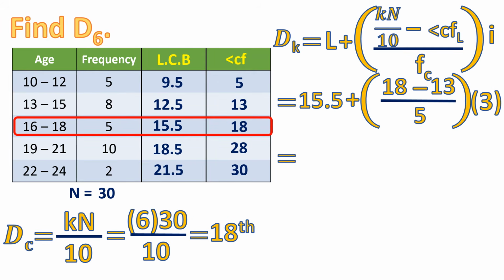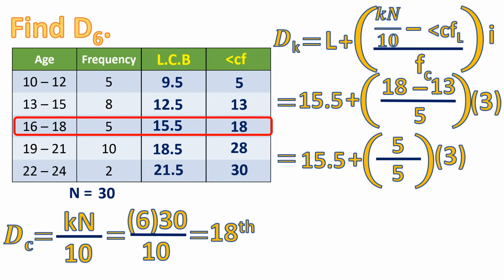Then let's continue. Let's copy 15.5 and plus. So 18 minus 13 is 5. So let's copy the rest. And then copy 15.5. Now you can actually divide 5 divided by 5. That's 1. And 1 times 3 is 3. But for the sake of being consistent, we'll just be consistent with our procedure. So just times first, 5 times 3. 15 divided by 5.